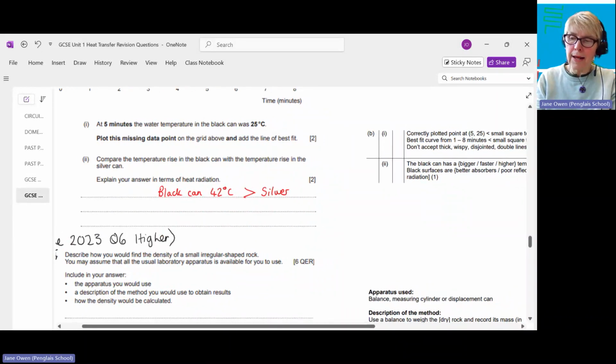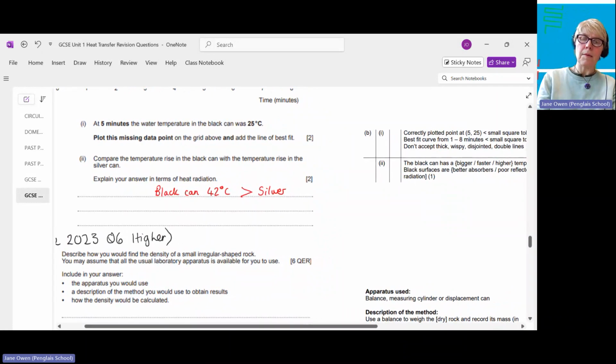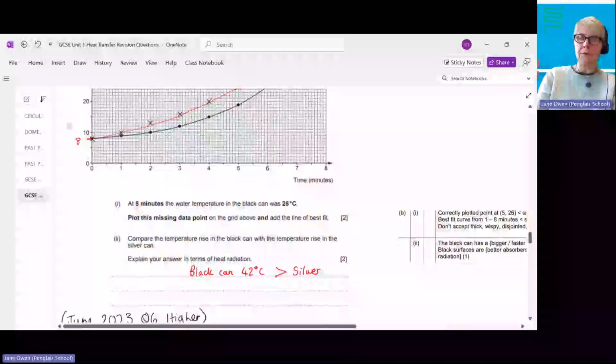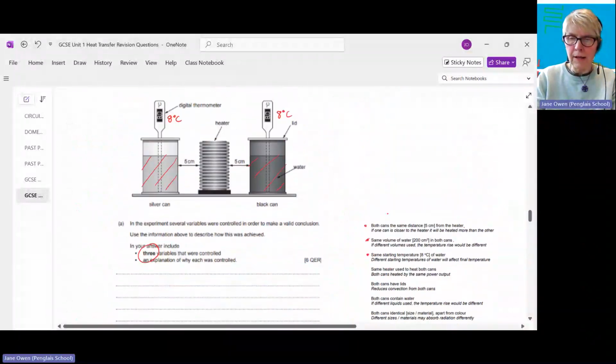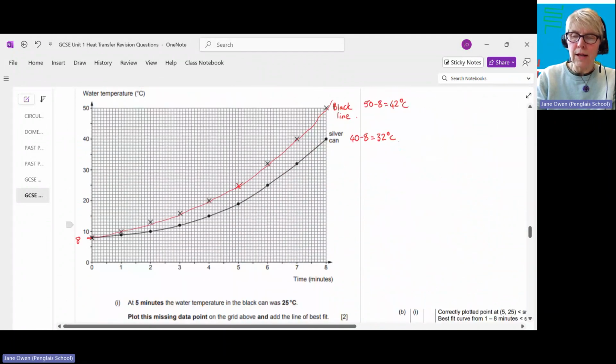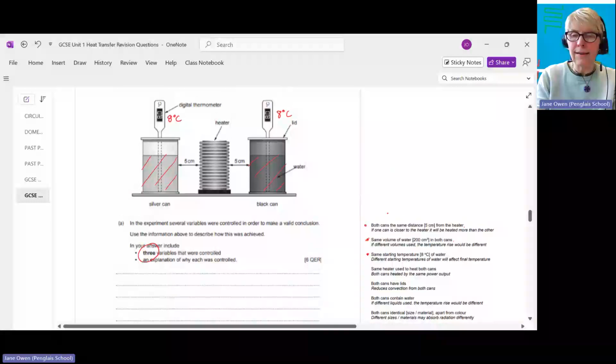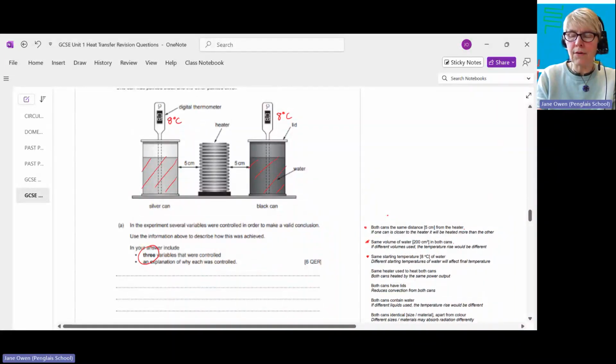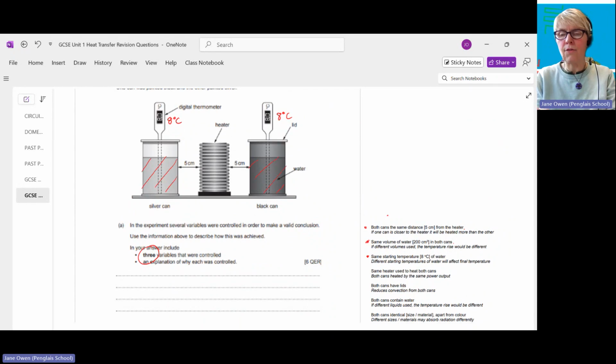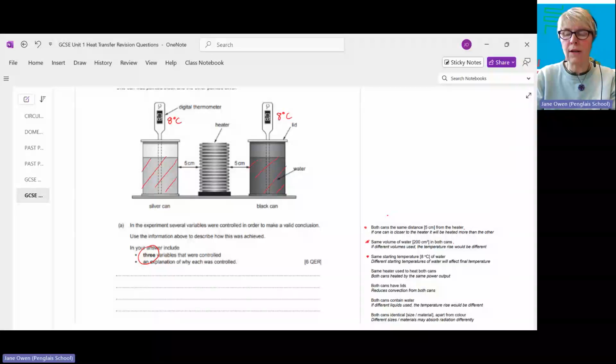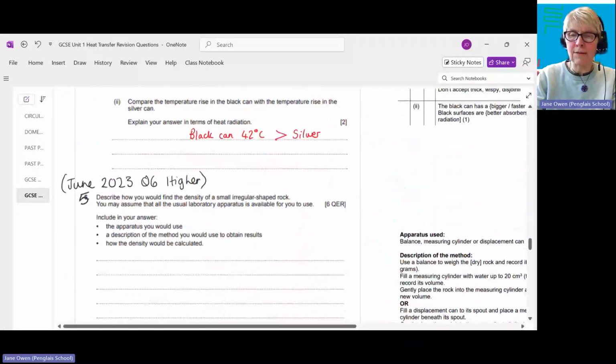That the black surfaces are better absorbers, because what's happening is that this black can here is going up to a higher temperature and the heat is in the middle, and those black surfaces are receiving the radiation, so they're absorbing the radiation in the black can a lot better than the silver can.